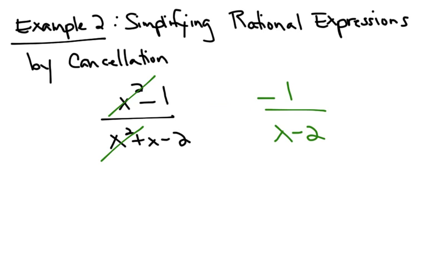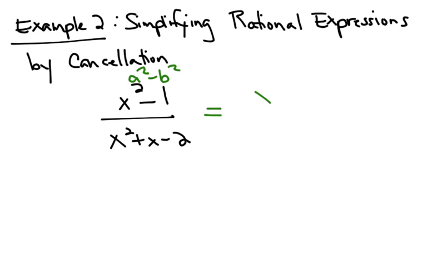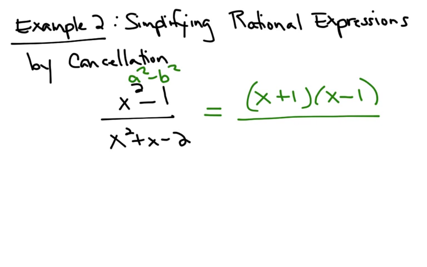The way that we go about canceling is we have to start by factoring. This is my a squared minus b squared, which factors into a plus b, a minus b. The denominator is a general quadratic where I look for the two numbers that multiply to give me negative 2, but add to give me 1.